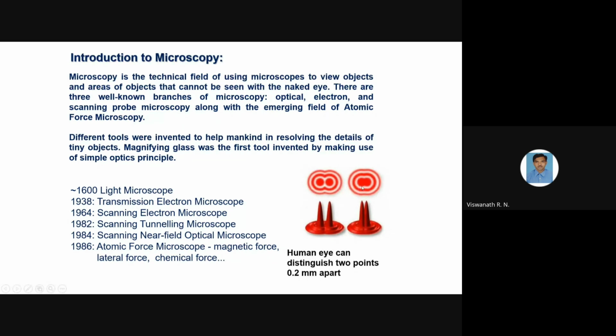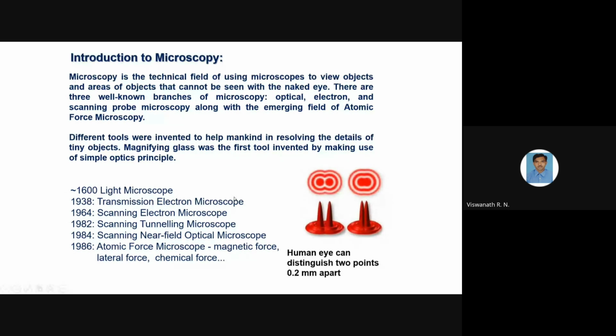Then we need a glass to bring it to the focal point, so we use lenses. The first magnifying devices to see objects in a bigger way are lenses. That is why lenses are used in the light microscope.